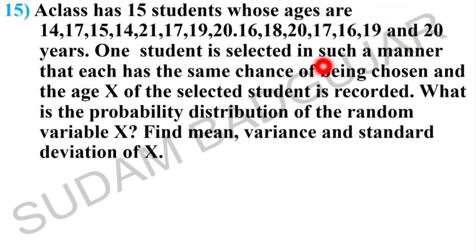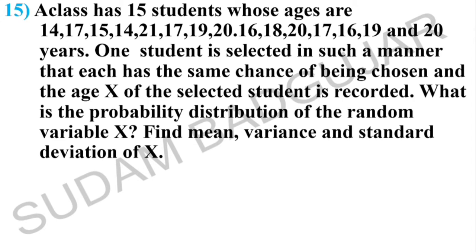One student is selected in such a manner that each has the same chance of being chosen, and the age x of the selected student is recorded. What is the probability distribution of the random variable x? Find the mean, variance and standard deviation of x.